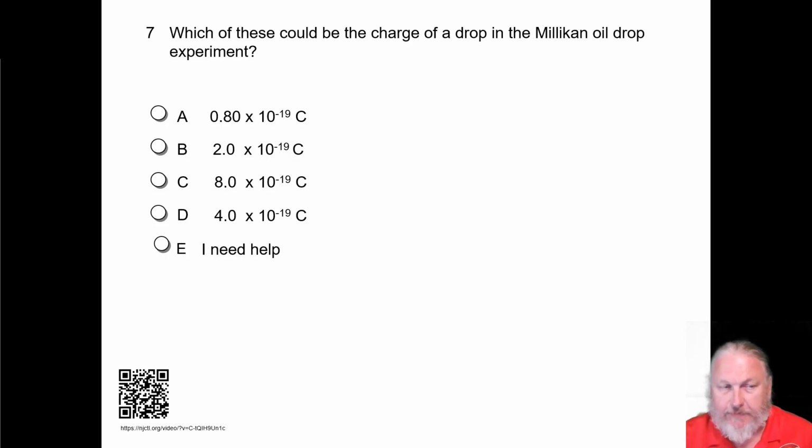I hope you've had time to think about that, because if you take 8 divided by 1.6, that comes up to 5. So that would be the answer, number C.